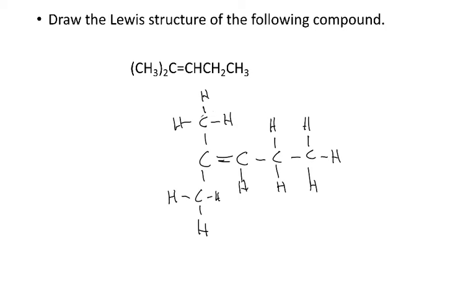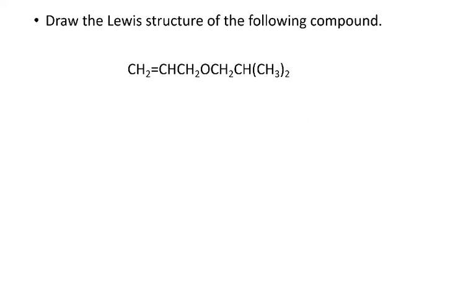Okay, one more example. All right, so again, I'm going to start and just draw the stuff that's not involved in the parentheses, and I'll worry about that piece at the end. So I start with a CH2. It's double bonded to a CH. Then I've got a CH2.